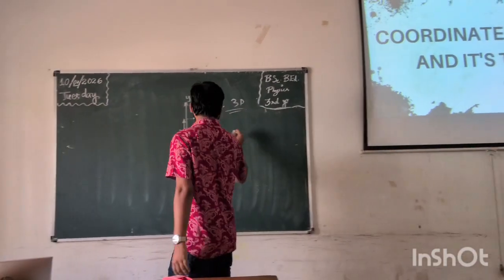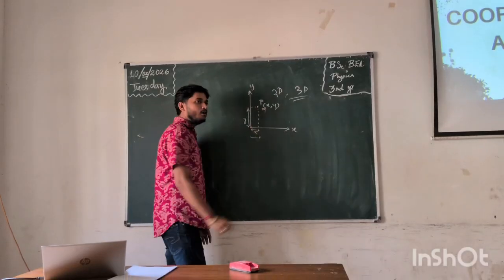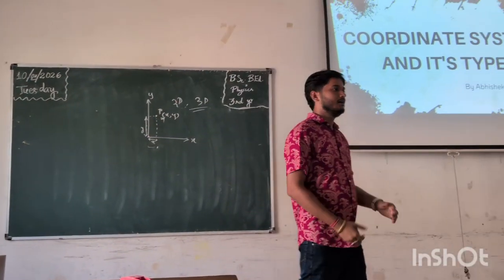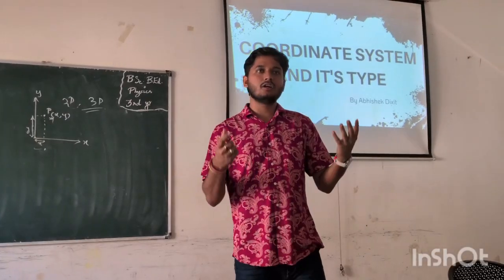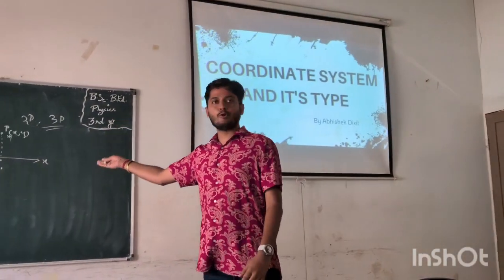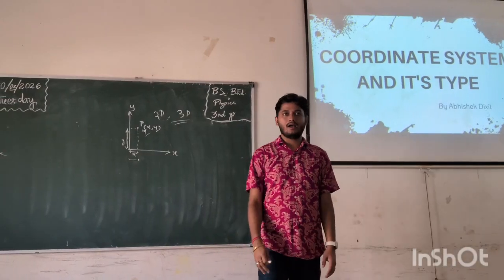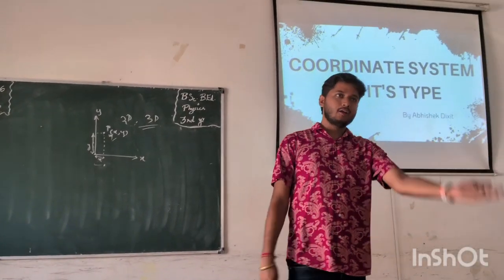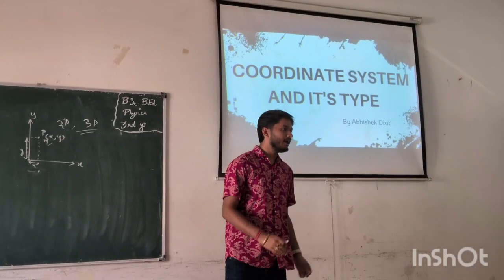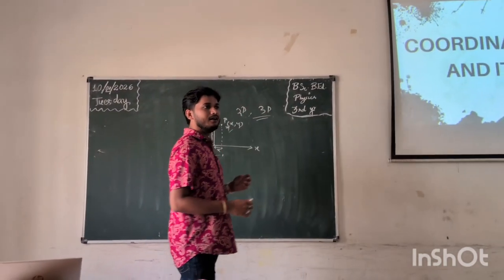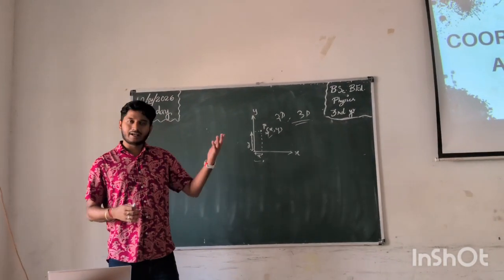Suppose here I am taking a point. We can find the momentum, the speed, the velocity, the momentum and the position of this macro particle. But for a micro particle, as we already studied, we cannot find the exact position and momentum at a time.